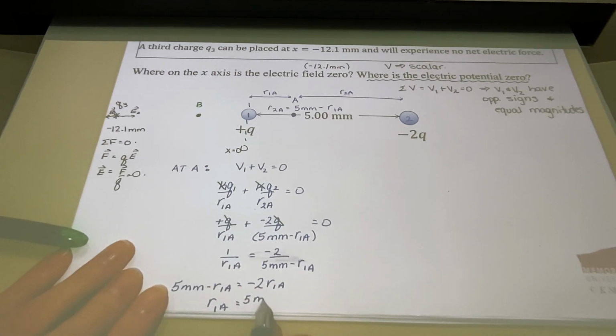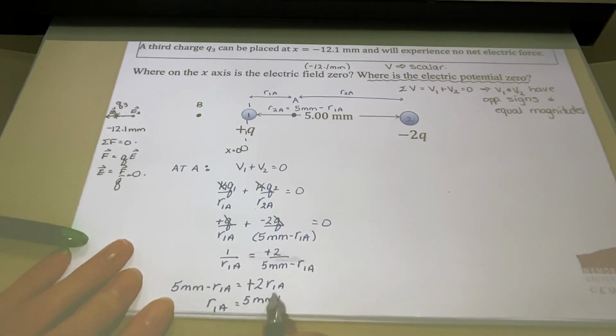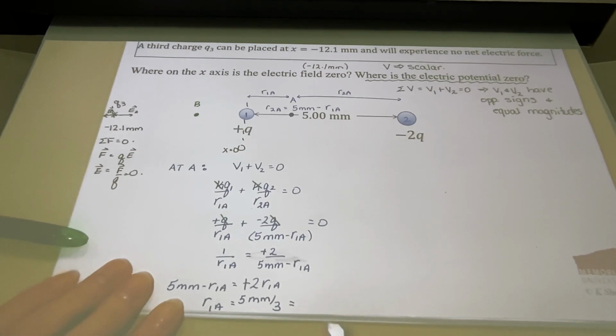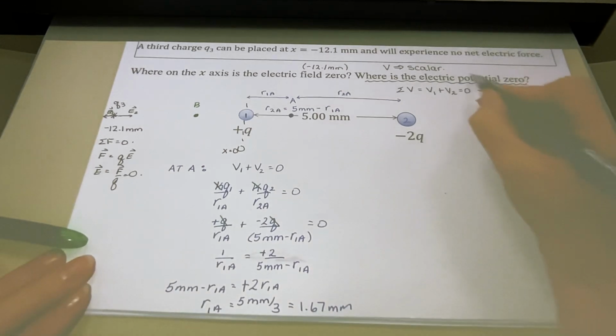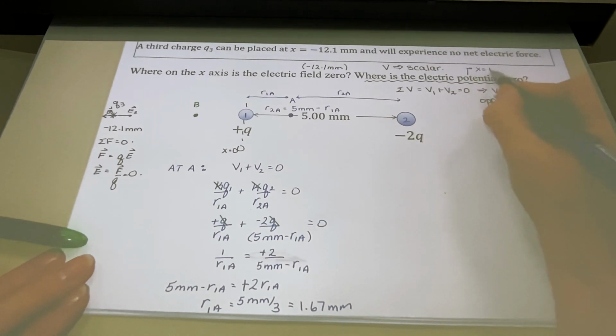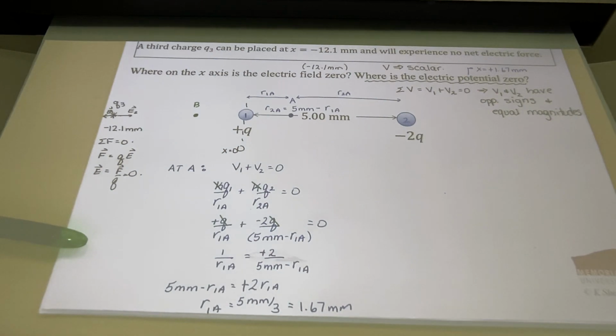What does say minus 2? Oh, wait, plus, there we go. I was just catching that myself at the same time. R1A is 1.67 millimeters. So the electric potential is equal to 0 at X equals plus 1.67 millimeters. Okay, so that's one spot.